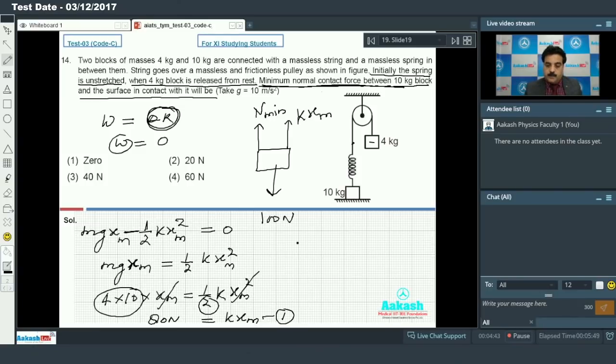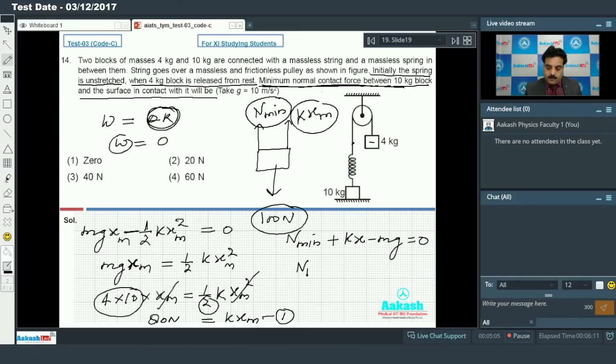So now I am going to use the second law of motion. We are seeing that the direction of the minimum normal force and spring force kx are in the same direction, and this component of weight will act downward, and that is equal to 0.